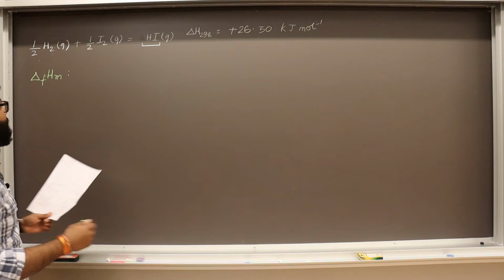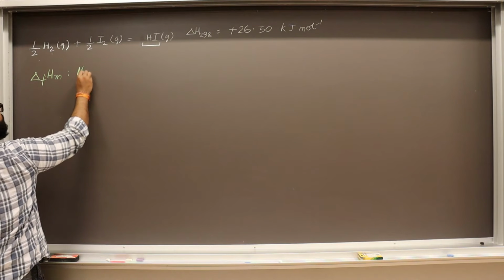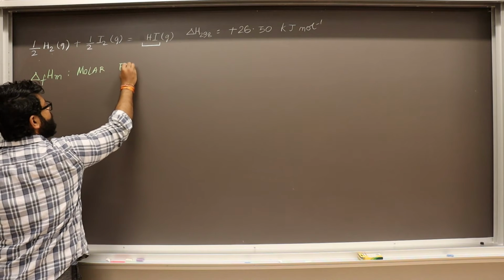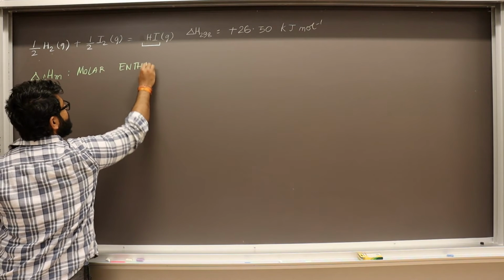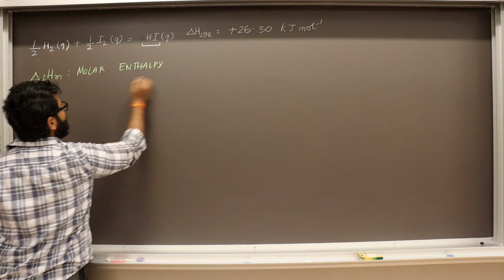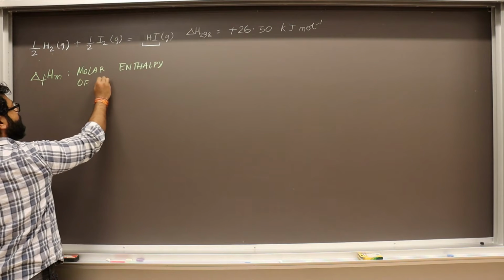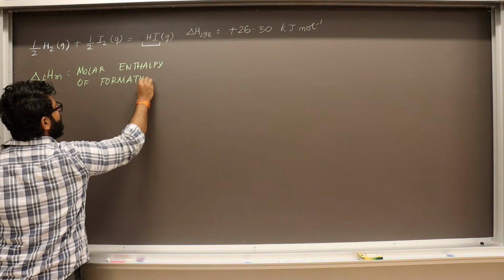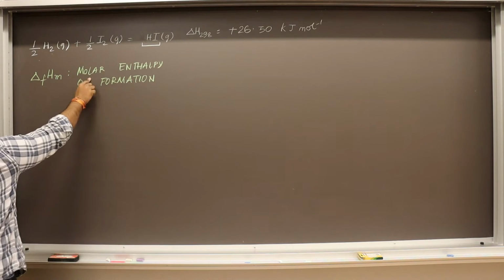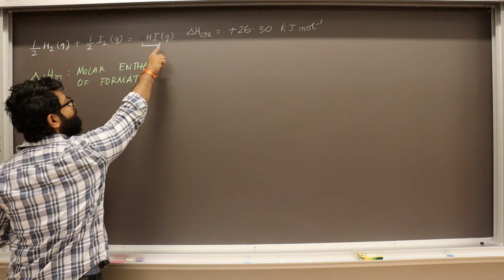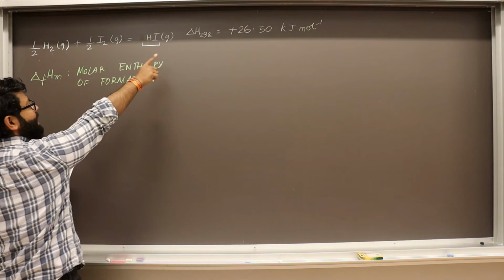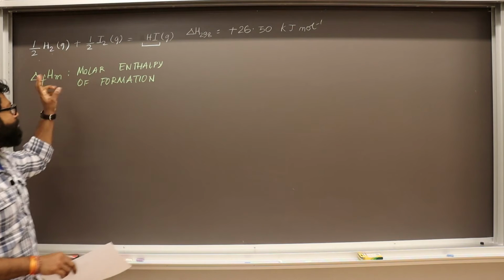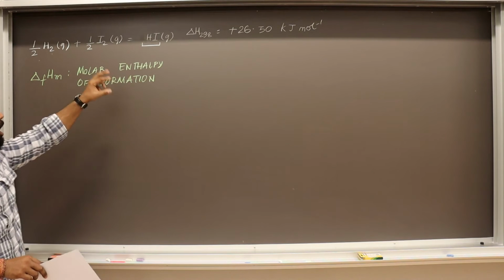This is molar enthalpy of formation. Molar, for 1 mole, so we are producing 1 mole of HI, and that is why the delta H of this reaction becomes the molar enthalpy of formation of HI.